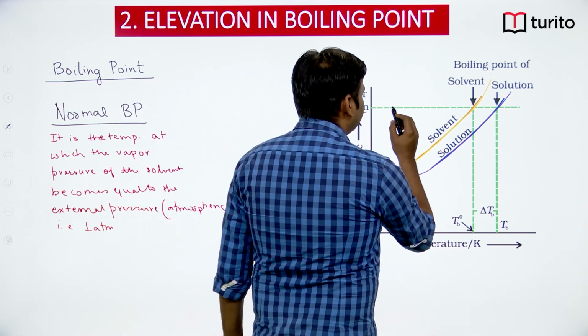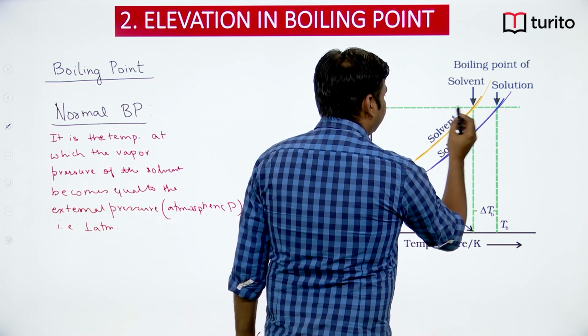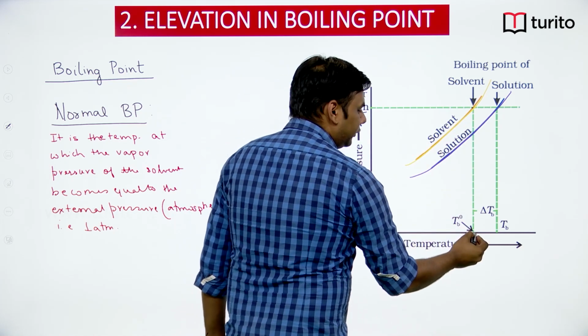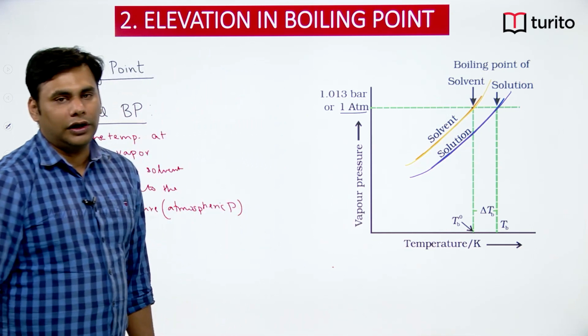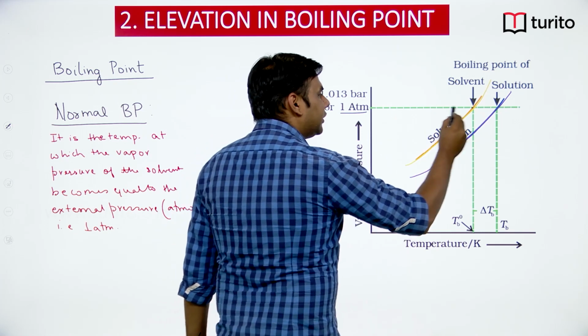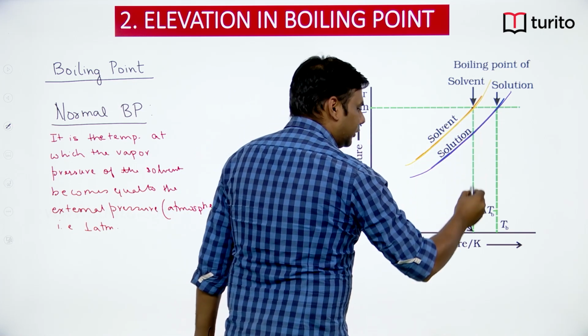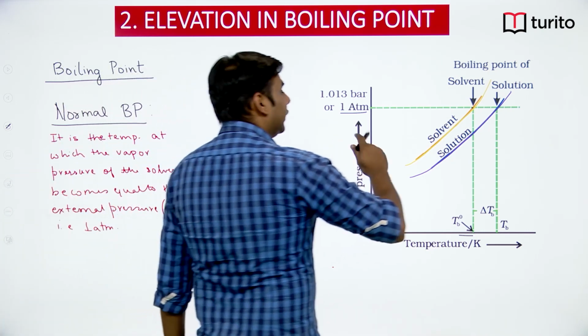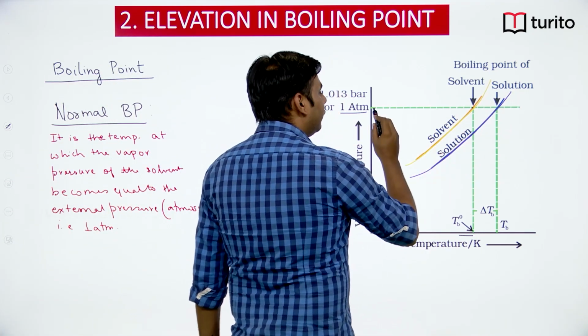So if you just draw a line over here, at this point, the temperature corresponding to 1 atm would correspond to the boiling point of the pure liquid, because this is the solvent line. So when the vapor pressure becomes equal to 1 atm, the temperature corresponding to it is known as the boiling point. Okay, now if you look at the solution, this is the one.